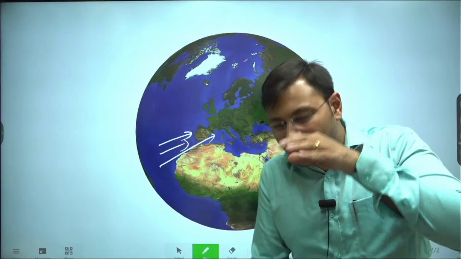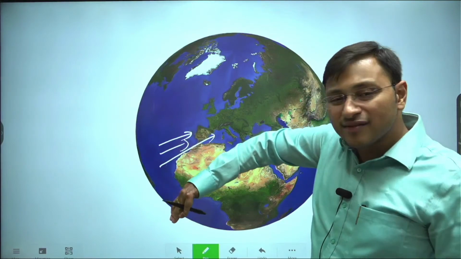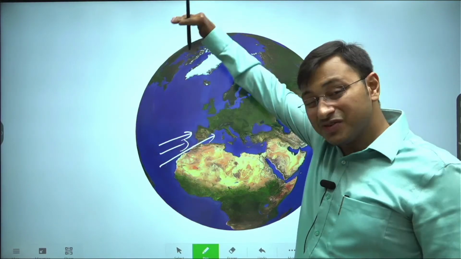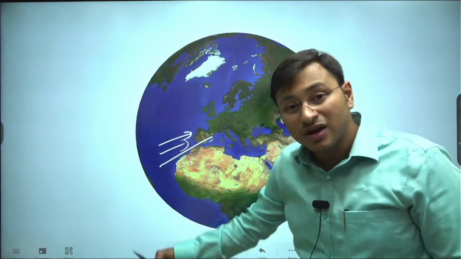The sun will migrate between the Tropic of Cancer and the Tropic of Capricorn. So imagine, if the sun is in the northern hemisphere, all of the pressure belts and winds will move northwards, and if the sun is in the southern hemisphere, all of these winds move southwards.